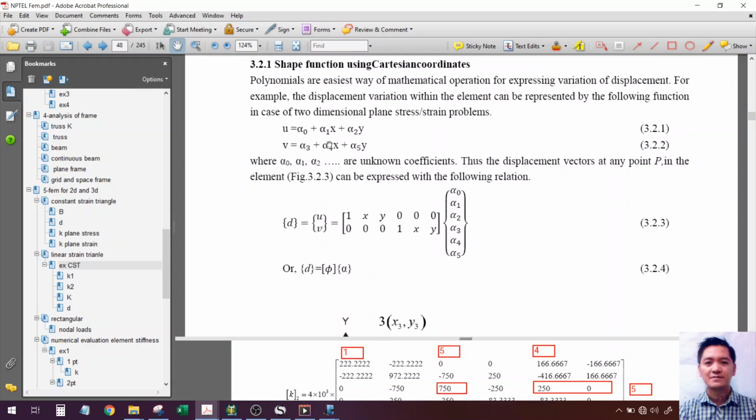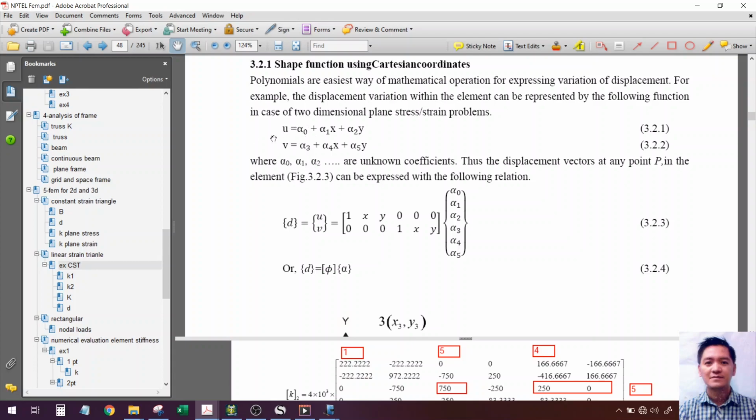So sa 2D plane stress strain problem, we assume na meron kang displacement at each node. Using this, meron tayong 2 displacement at each node, U and V.